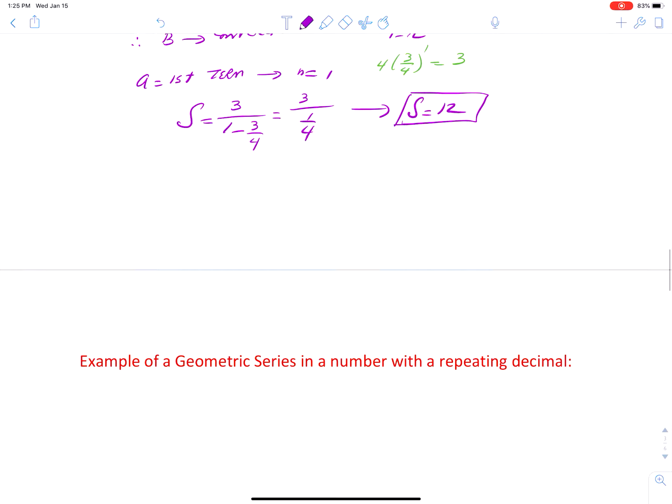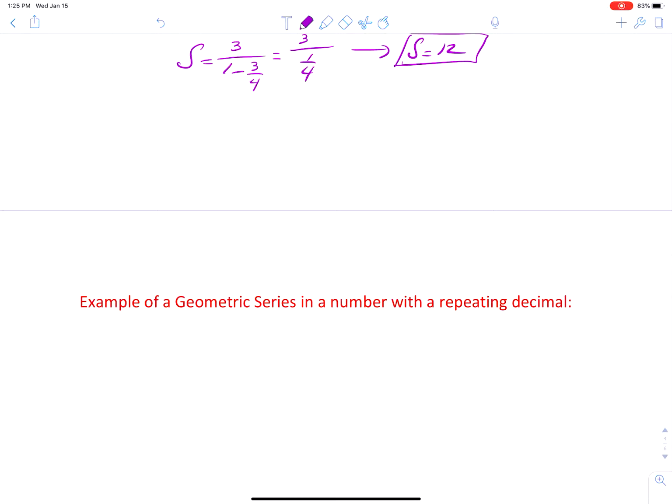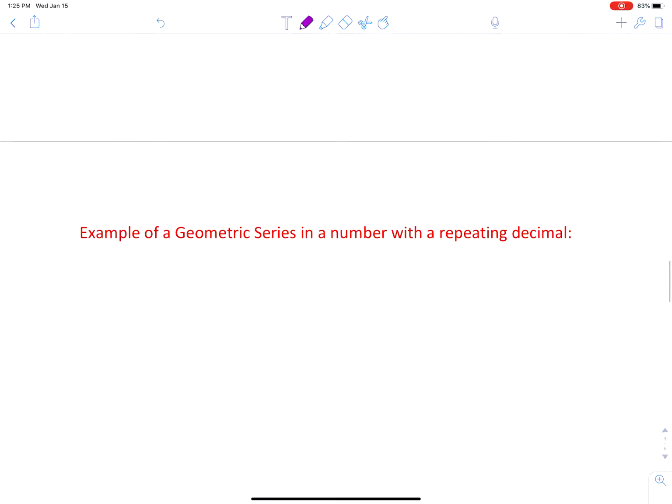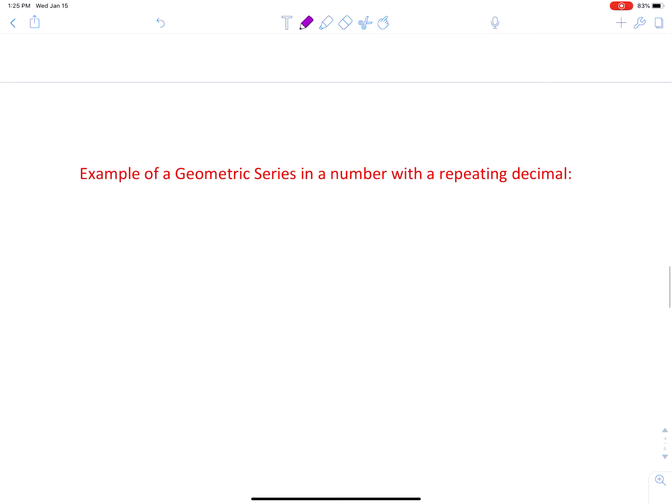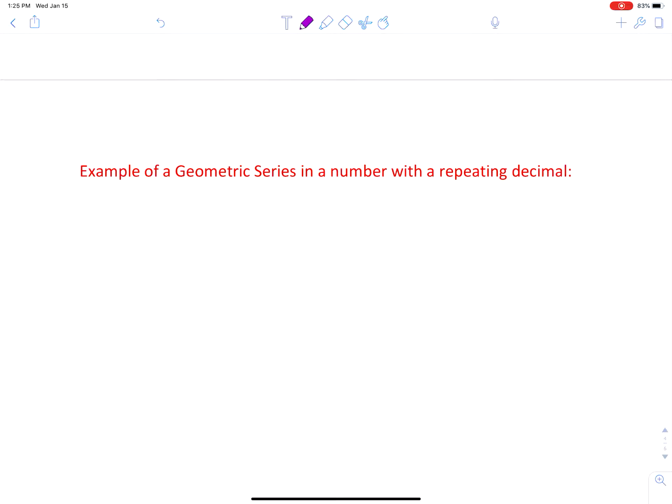So these are examples of geometric series and how we play with them to figure out if they converge or diverge. One of the nice things about this is that if we have a decimal with a terminal repeat, known as a repeating decimal, how do we express it as a ratio of two integers?